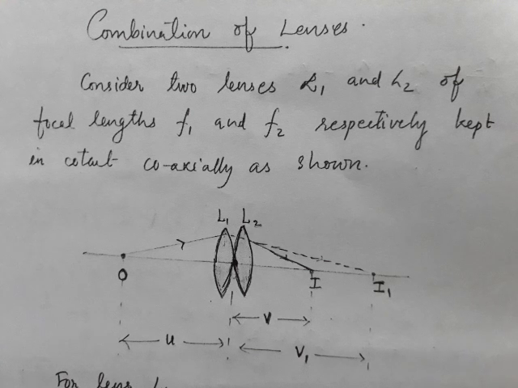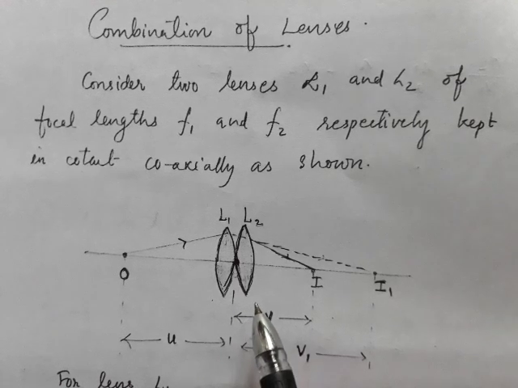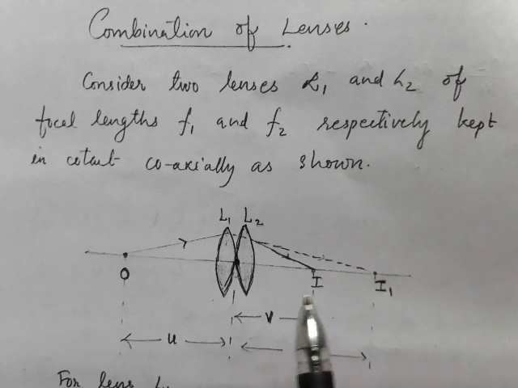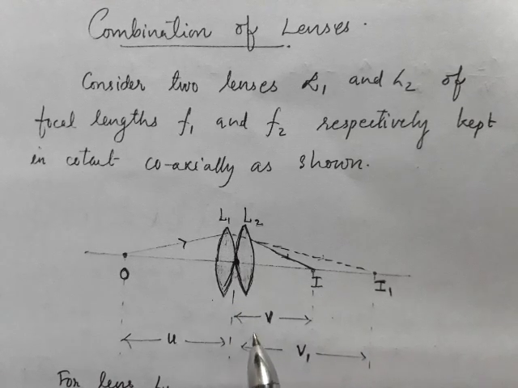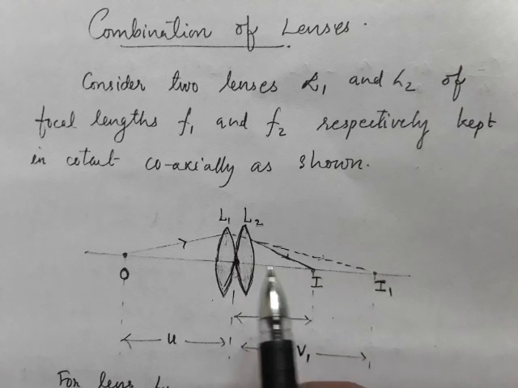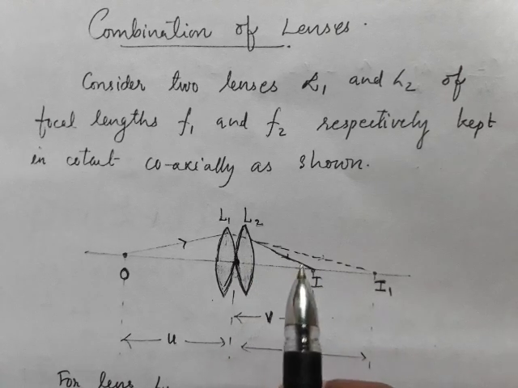So here we have two lenses, and what we are going to do today is a combination of lenses. If we combine the two lenses, how it behaves, like what is the magnification it gives, and what is the power of the two lenses together, and what focal length they give together. That is what we are going to discuss today.